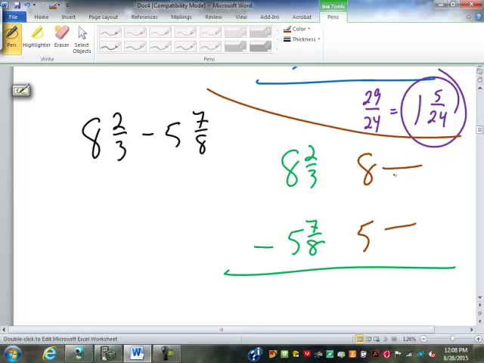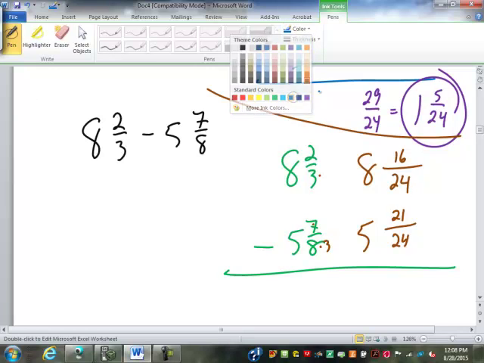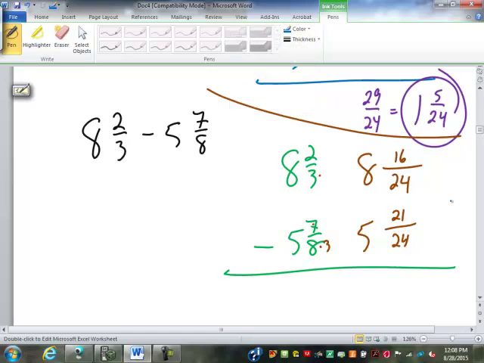Common denominator, right? Once again, it's going to be 24. 3 times 8, so 2 times 8 is 16. 8 times 3, so 7 times 3 is 21. We go to subtract 16 24ths minus 21 24ths, and we run into, we can't do it.